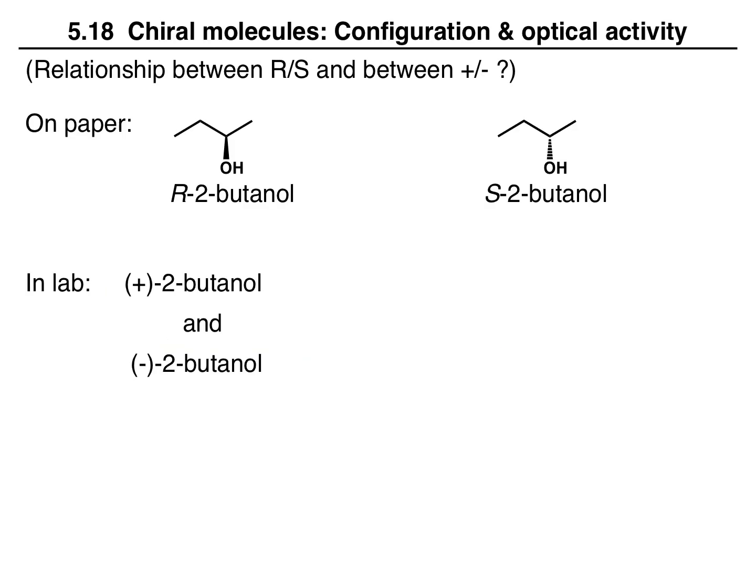So let's come back to this idea about a relationship between R/S and between plus/minus. So on paper, we can draw a sample of R-2-butanol and S-2-butanol, where the R and the S are determined by the Cahn-Ingold-Prelog rules. And so the R and the S, this refers to the absolute configuration.